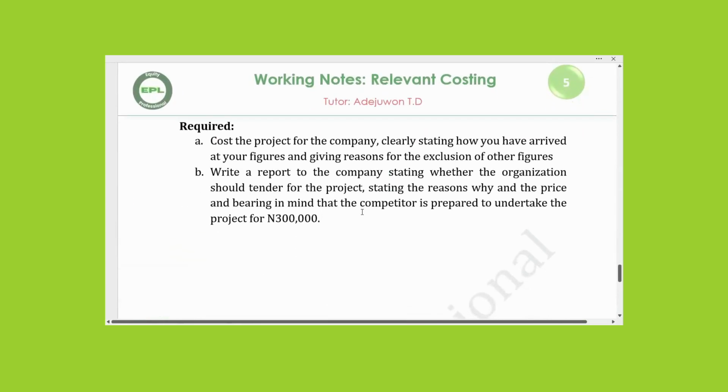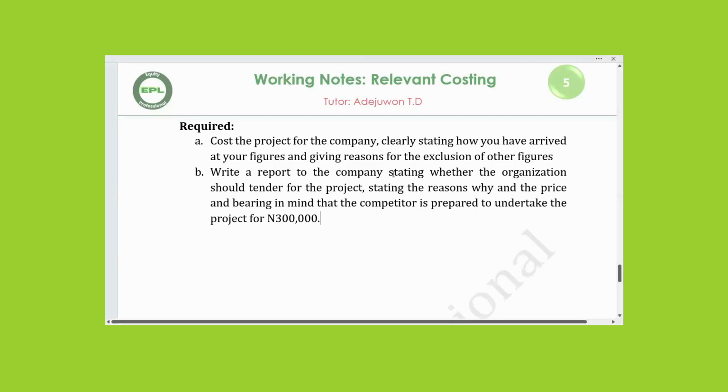Required. A. Cost the project for the company, clearly stating how you have arrived at your figures and giving reasons for the exclusion of other figures. B. Write a report to the company stating whether the organization should tender for the project, stating the reason why and the price, bearing in mind that the competitor is prepared to undertake the project for 300,000 naira.